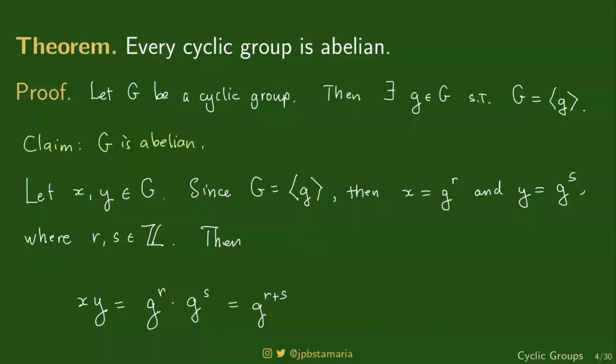So, ang r plus s parehas lang sa s plus r because they are just integers and we are just adding them. Again, by laws of exponents, this is g to the s times g to the r. Now, this time, this is y, and g to the r is x. Therefore, as a conclusion, G is abelian, and we are done with the proof.